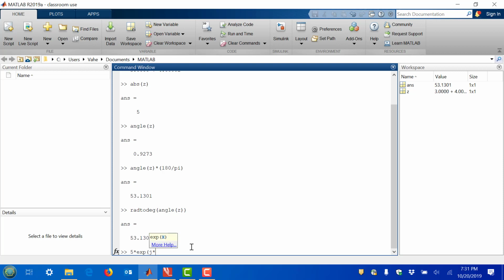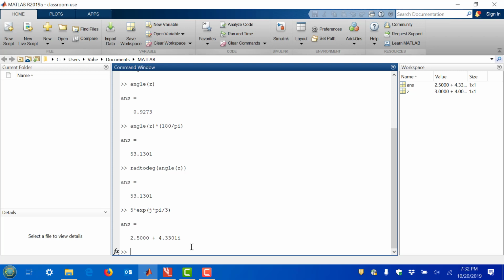Now, the angle you have to put in radians. We're talking about 60 degrees, that's pi over 3. So this complex number has an amplitude or magnitude of 5 and an angle of 60 degrees. When you press enter, you'll get the rectangular version of that. But basically, those are equivalent.